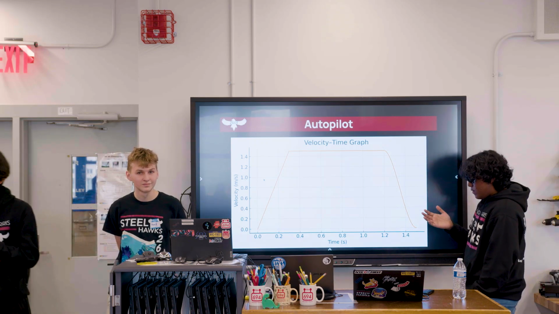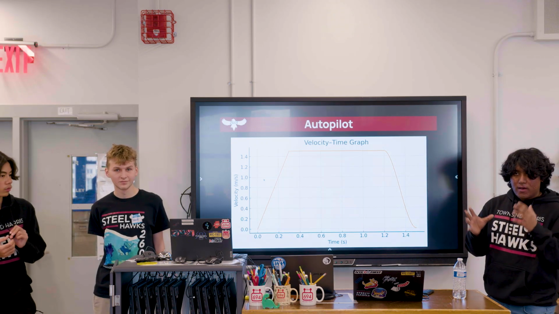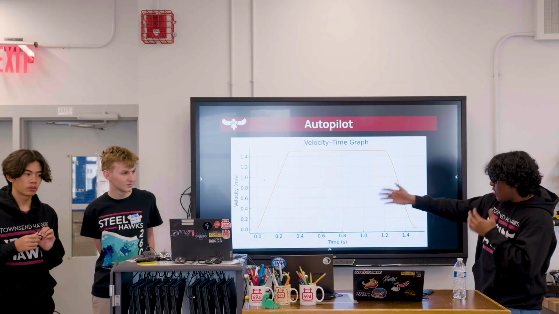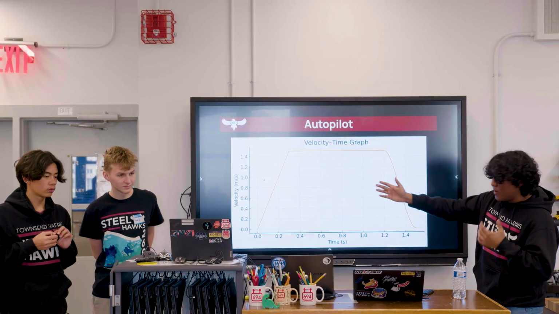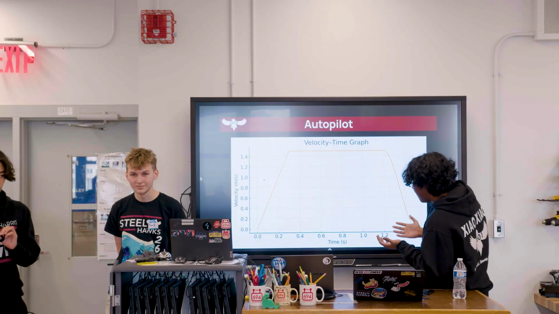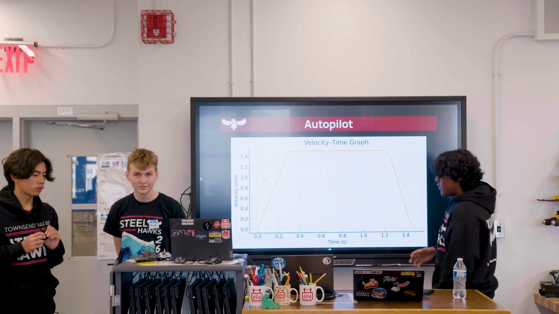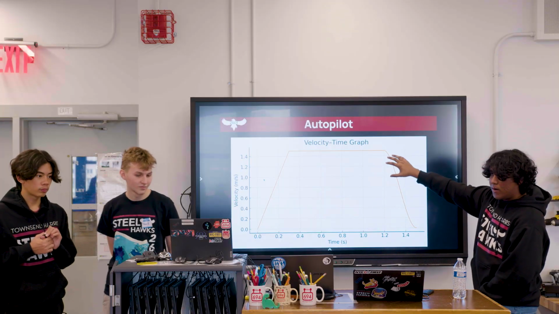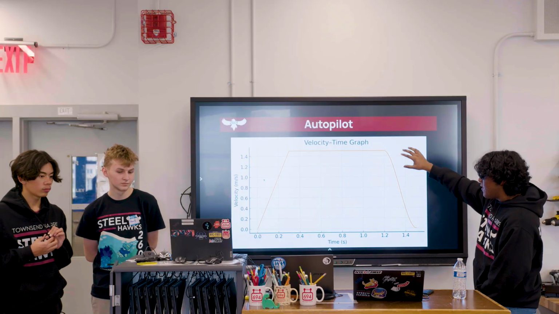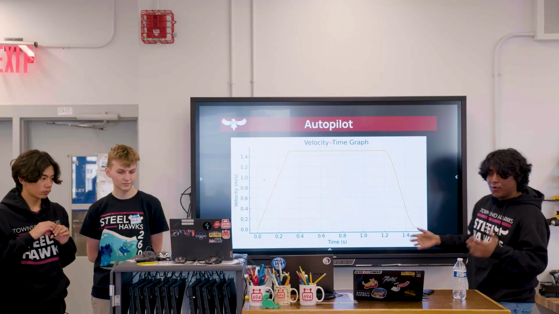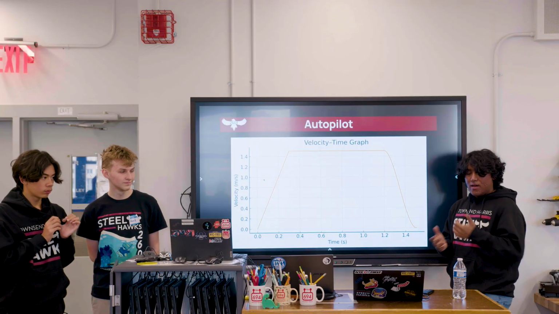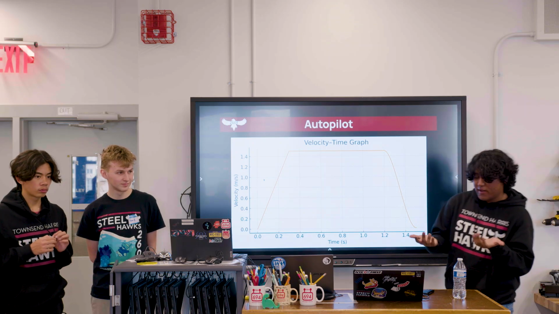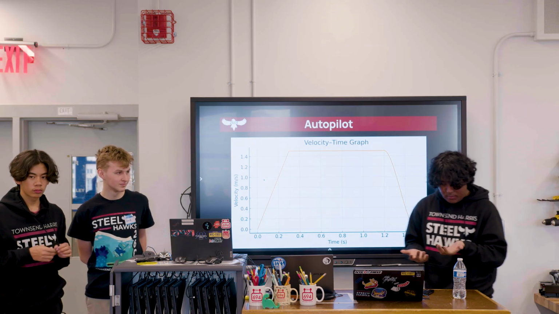But autopilot is different, because instead of doing S curve or trapezoid, you start with trapezoid. Your acceleration is constant. So this is a velocity time graph. Your acceleration is constant on the startup to your constant velocity, but your acceleration is changing with constant jolt at the end of your profile. And jolt is the derivative of acceleration, if you guys don't know.